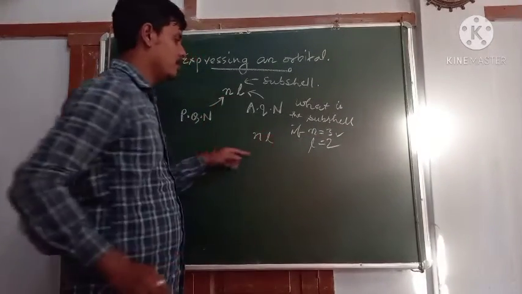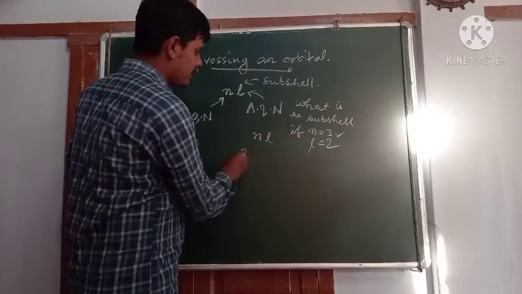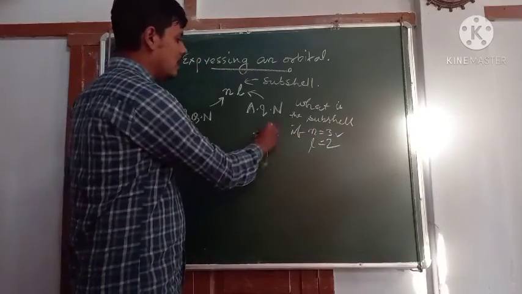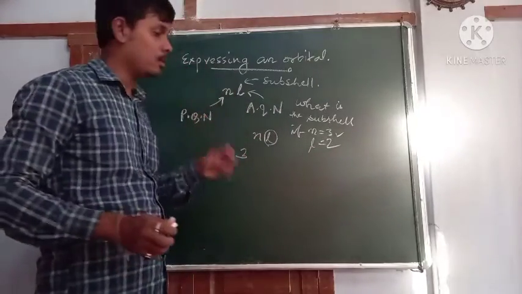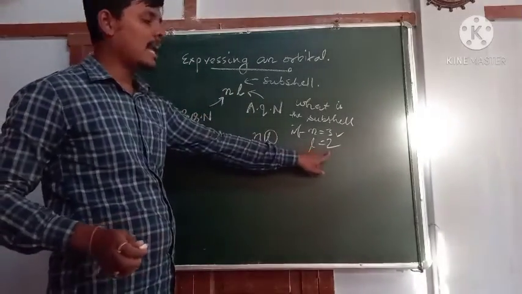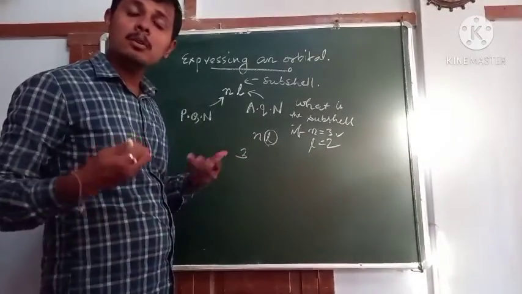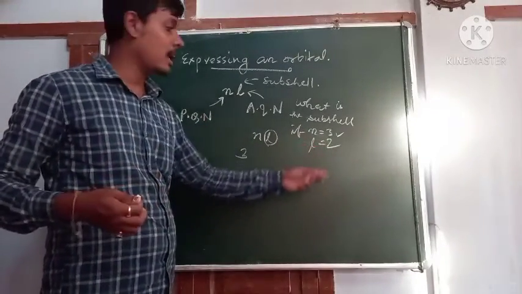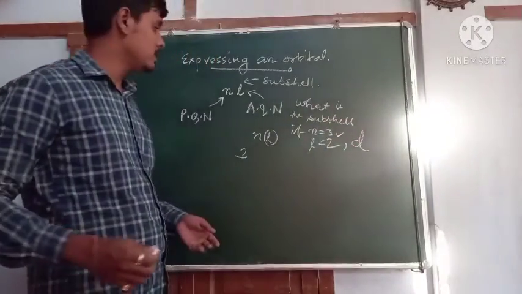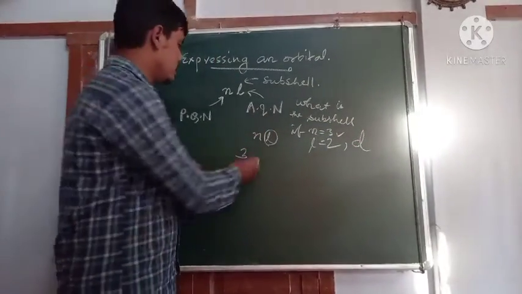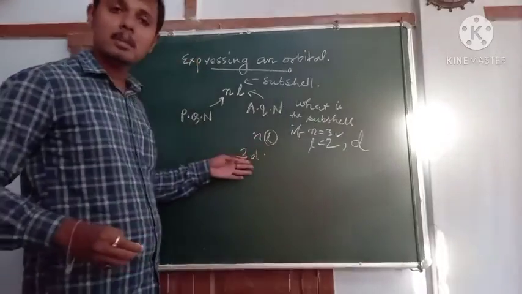First we write n, which is 3. This l we don't write as 2. So for which subshell is l equal to 2? l is 2 for the d subshell. That means we will write the subshell as 3d.